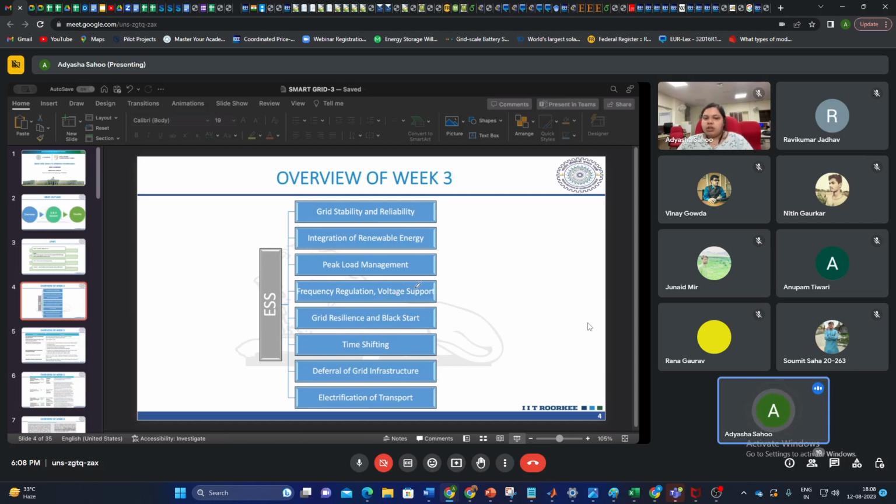Whenever there is a power generation and demand mismatch, these storage technologies can charge or discharge accordingly to the need of the grid to make the frequency constant. Similarly, renewable energies do not have the capability to generate reactive power, but since they are always connected to inverter based resources, these inverter based resources can provide the needed reactive power for voltage support.